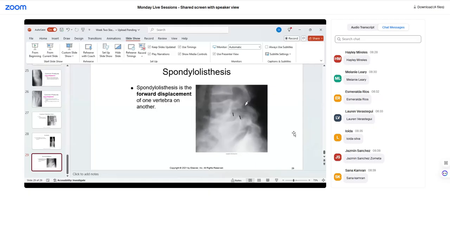Yep, go ahead. I see that on Canvas, we have a different PowerPoint than the one in lecture. Should we only focus on this PowerPoint from lecture for studying for the quiz, because the other one has like 100 more slides? Yeah, that's the publisher's PowerPoints from the textbook. Those PowerPoints coincide with the whole chapter that you're reading. If I gave you a quiz on that whole thing, you guys would kill me.